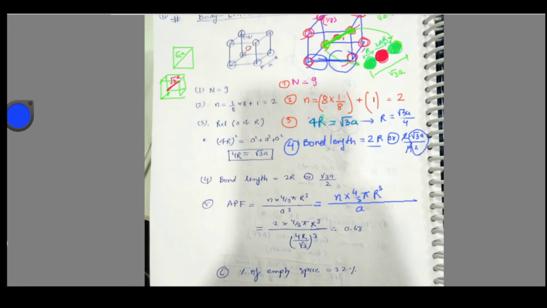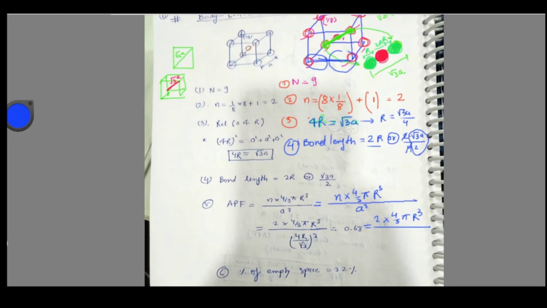And the volume of the cube is a cube. Now we will substitute all the values, and the effective number of atoms in BCC is 2.